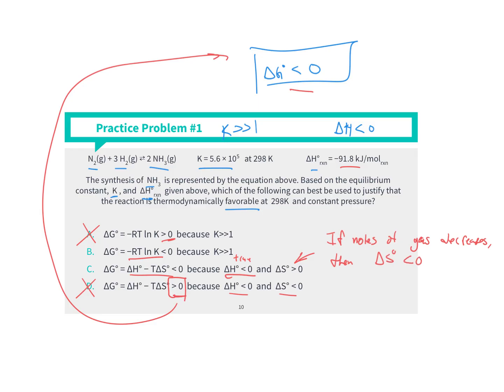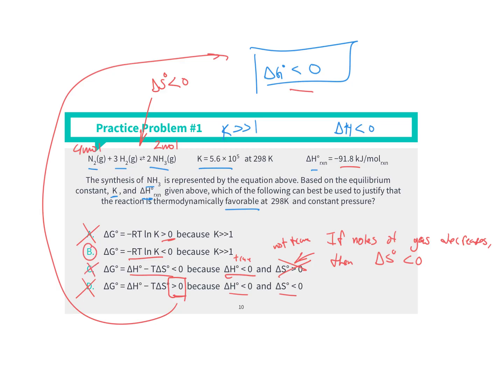And if we look here, we go from 4 moles on the left side of the reaction to 2 moles on the right side of the reaction. And so in reality, for this particular reaction that we're given, delta S must be less than 0. It has to be because the number of moles of gas goes down. And so this is not true. And so this is not a good explanation.